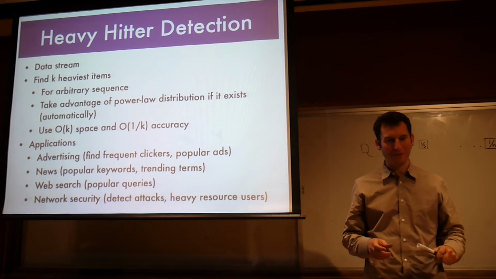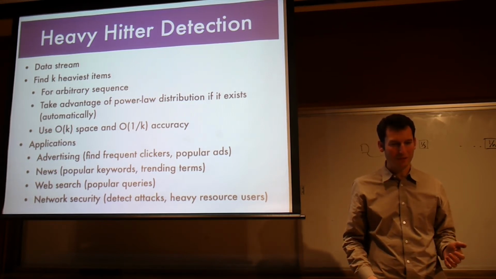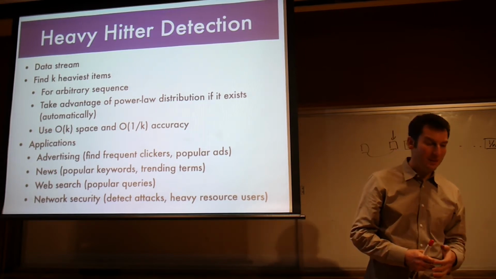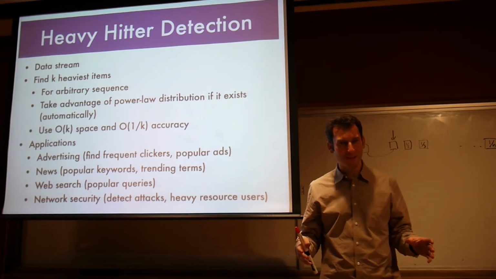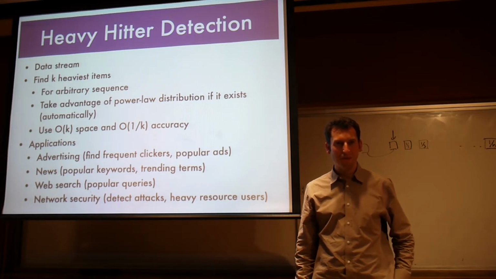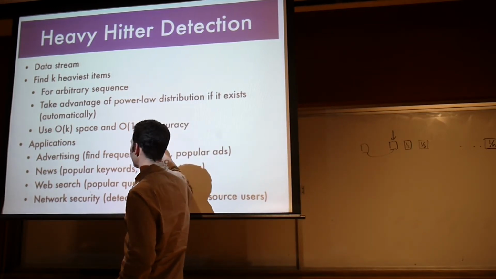So suppose I have a data stream and I want to find the k heaviest items for an arbitrary sequence. Furthermore, I want the algorithm to be such that if my distribution is power-law distributed or has other nice properties, I can automatically exploit it. And I would like to use order k space and get order 1 over k accuracy in some cases.